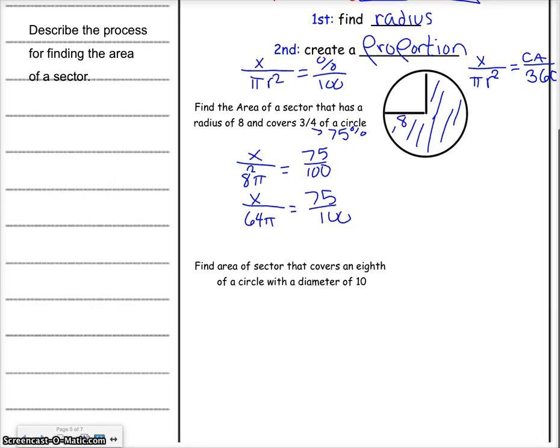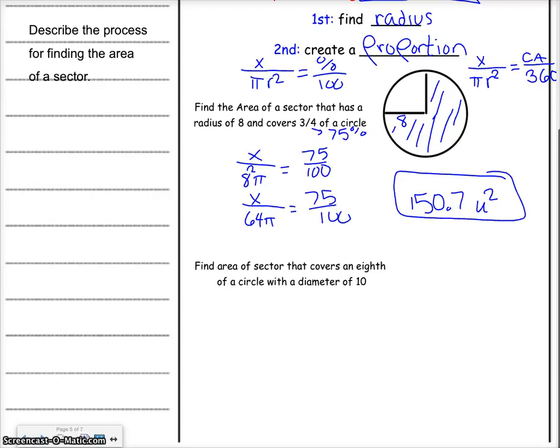It's not like perimeter where you have to add around it. So 64 times 3.14 times 75 divided by 100 is 150.7, and that's going to be a squared unit of measure. Okay, and then we're done.